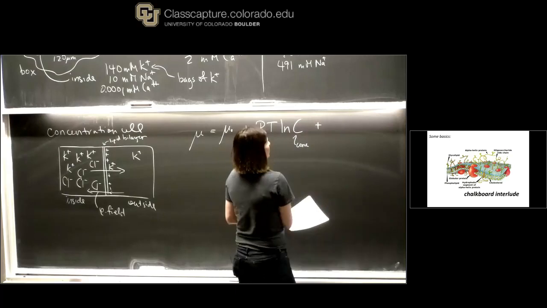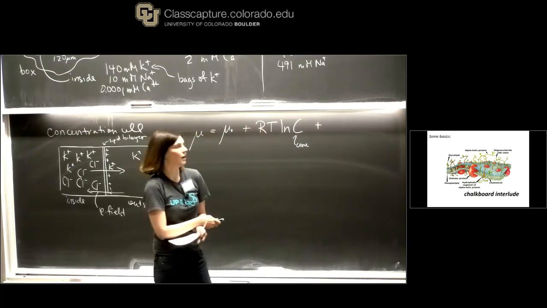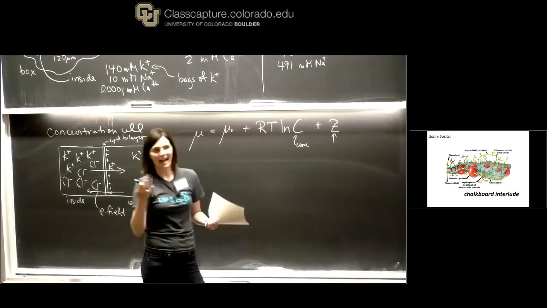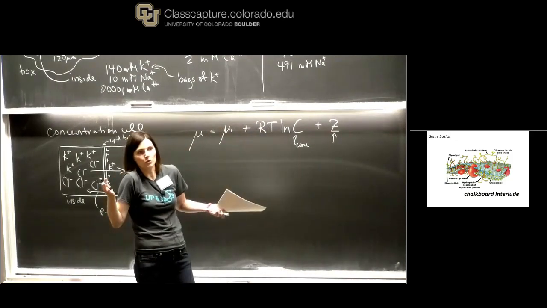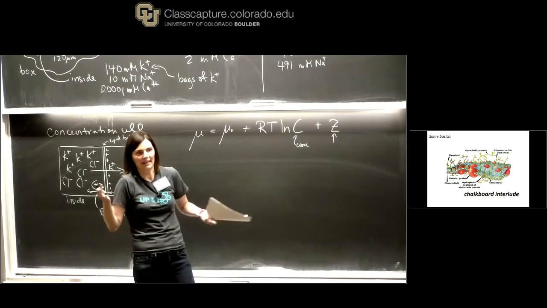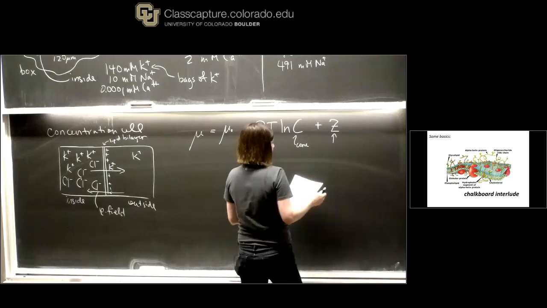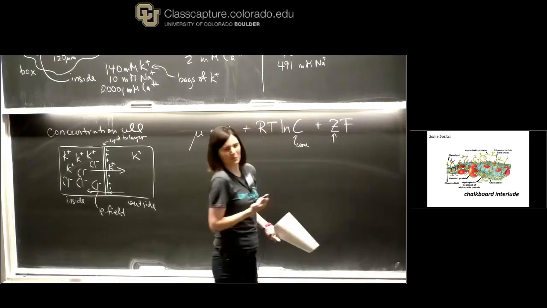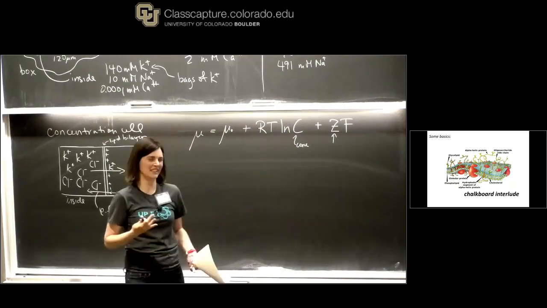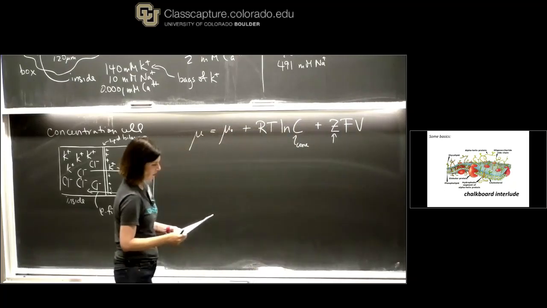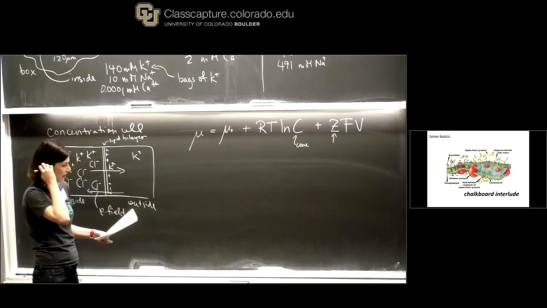Then we've got something related to the voltage. Z is the charge. So it'd be +1 if we're talking about potassium. If we're talking about calcium, it'd be +2. Something like chloride, it'd be -1. We've got Faraday's constant. This is where chemistry gets kind of ugly. There's all this stuff in it. That's okay. And here we've got a voltage across the membrane.